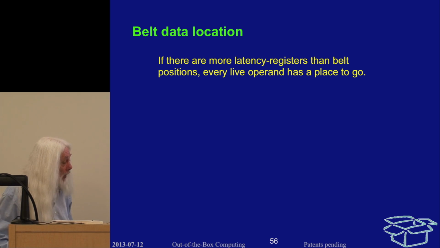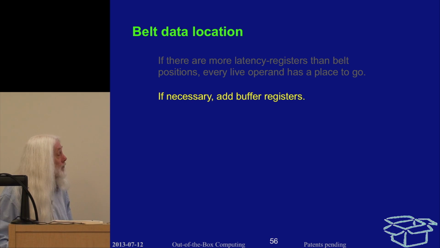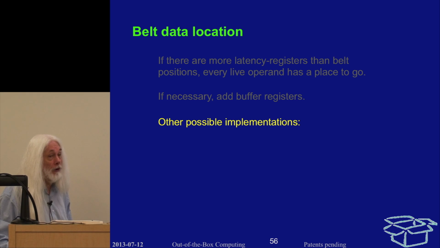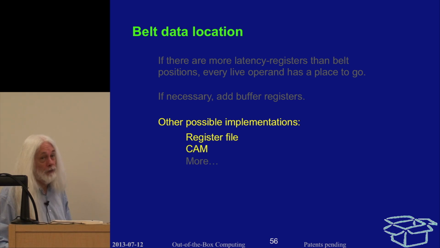Now, if there are always more latency registers than there can be belt positions, and everything always has a place to go to, if necessary, add buffer registers. There are a ton of other possible implementations in hardware. You can use a register file.